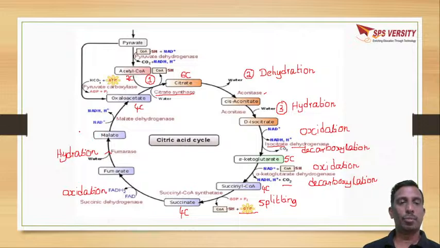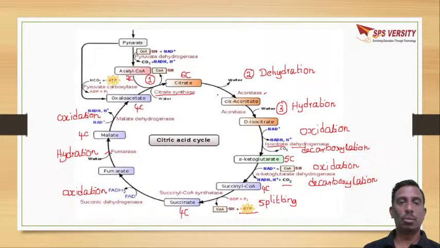Malate is also a 4-carbon compound. This malate will undergo oxidation, इसके वास्ते इधर NADH2 फॉर्म होता है और oxaloacetate forms. So finally again we get oxaloacetate.